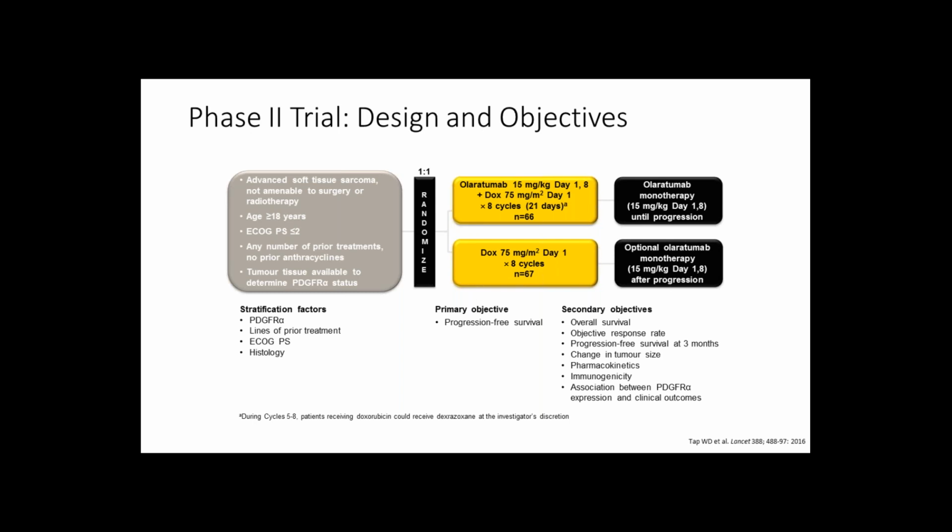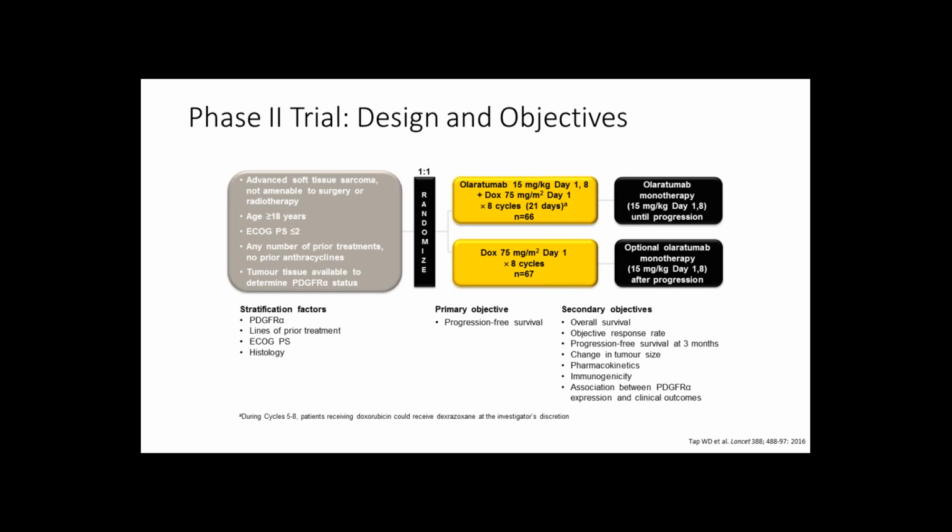And the people randomized into the trial were stratified, or grouped, according to the PDGFR alpha status, the number of lines of prior treatment received, ECOG performance status, as well as the histological subtype. And you can see from the diagram that patients were either allocated to receive doxorubicin 75 milligram per meter squared on day 1 for 8 cycles, or were randomized to receive Olaratumab 15 milligram per kilogram day 1 and 8, plus doxorubicin on day 1 for 8 cycles.